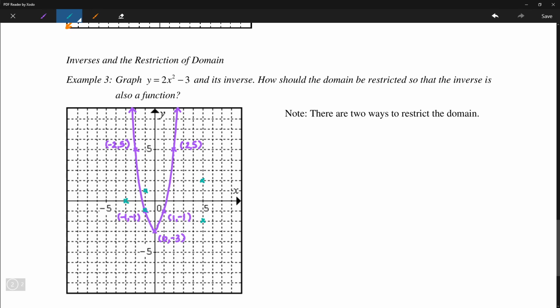But let's just draw that in to continue our discussion for this example here. Right, we can do our best when it comes to drawing parabolas. It's always a little bit difficult to get a nice smooth curve.